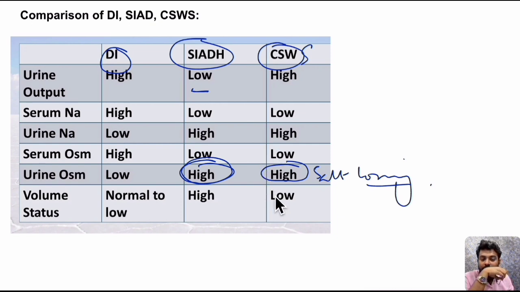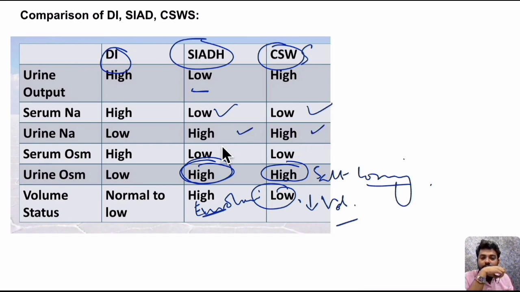Volume status: in SIADH it should be euvolemic. Here, this patient is losing volume, hypovolemic. Serum sodium is low in both cases. Urine sodium is also high. Serum osmolarity is low here also. Quite similar presentation.